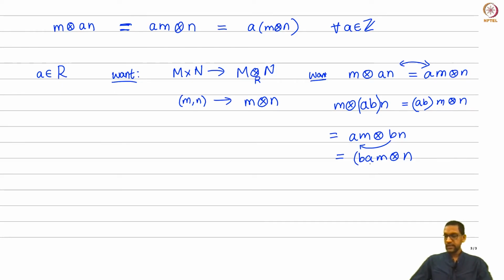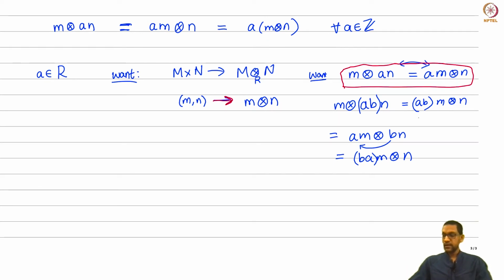And now observe that if I want this to be true for an arbitrary ring R, the point is arbitrary rings are not necessarily commutative, okay. And so if I want this tensor product map to be bilinear in this sense, that I want to be able to move the scalar a from the second component to the first component, then I'm already in trouble, okay.